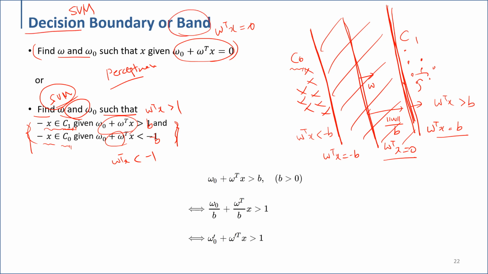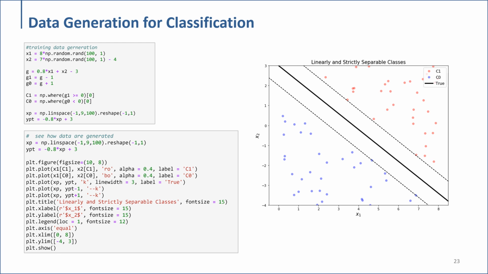When we rewrite this idea in a mathematical way, we can write this. Now we have some marginal space, and that's why we call this a decision band. So let's implement this idea in Python. First, let's generate some data for classification.